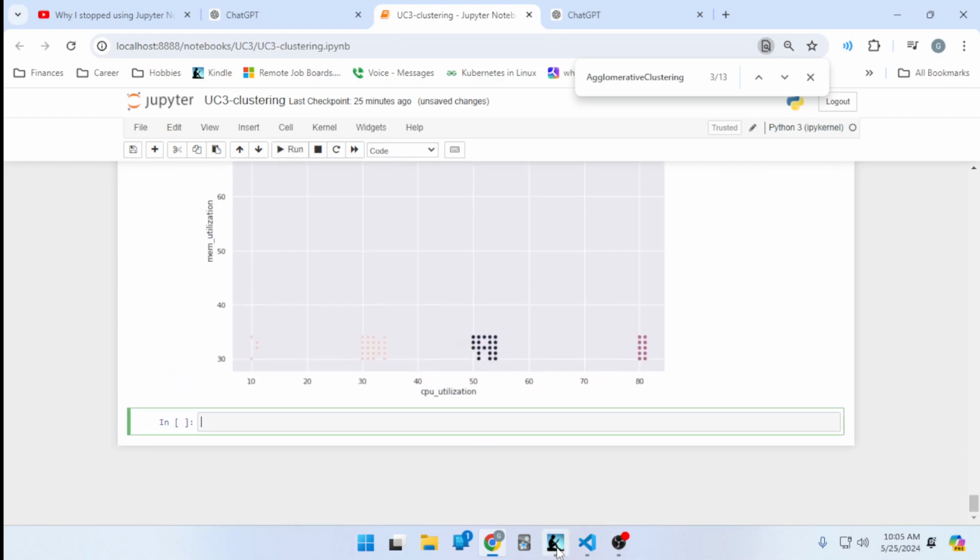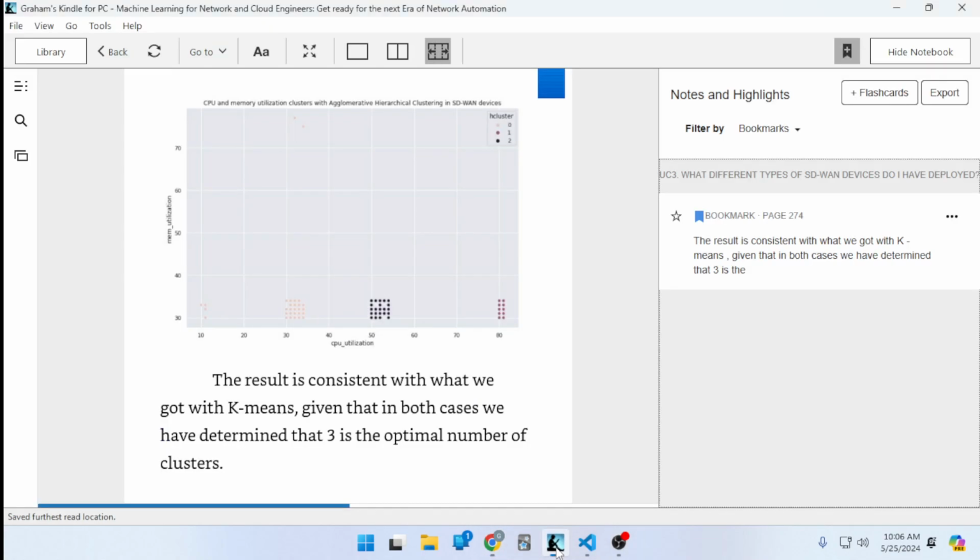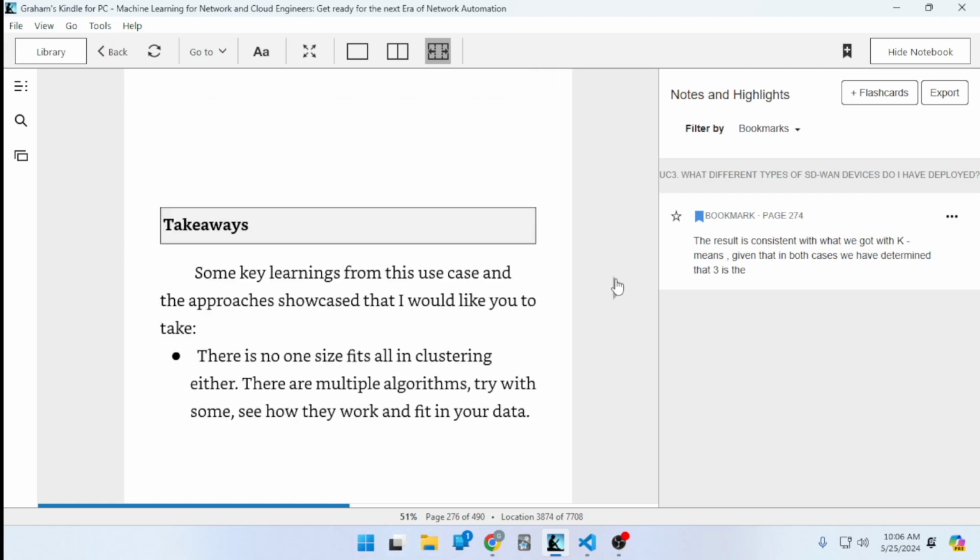Everything's good. And now we've got pretty much the same graph. We've got 3 colors there and then 4 different clusters on the graph. So, yep, same thing. The result is consistent with what we got with k-means, given that in both cases we have determined that 3 is the optimal number of clusters.